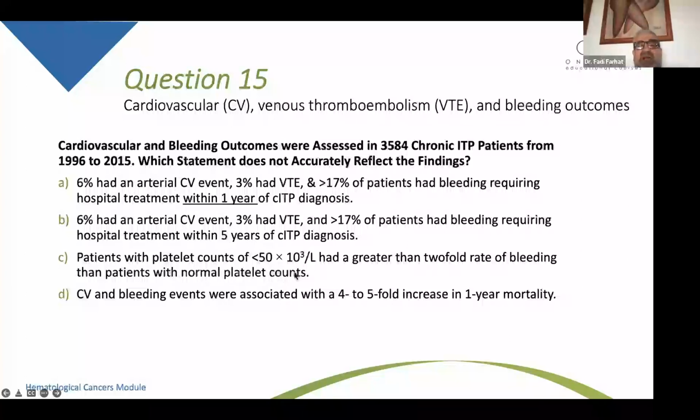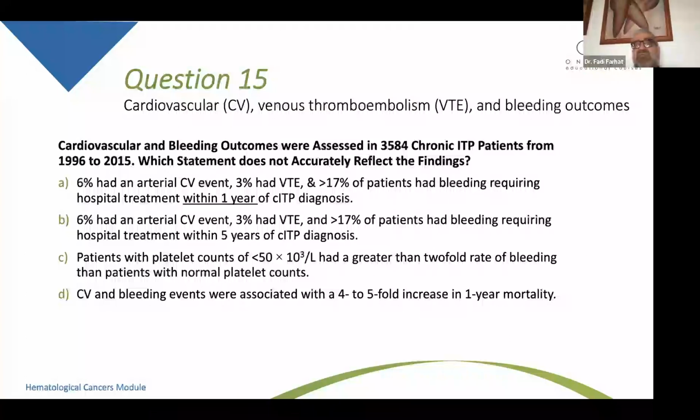C: Patients with a platelet count of less than 50 had a greater than 2-fold rate of bleeding than patients with a normal platelet count. D: Cardiovascular and bleeding events were associated with a 4 to 5-fold increase in 1-year mortality.